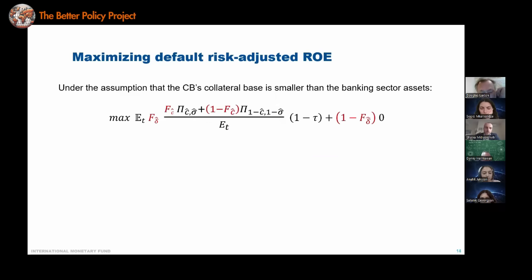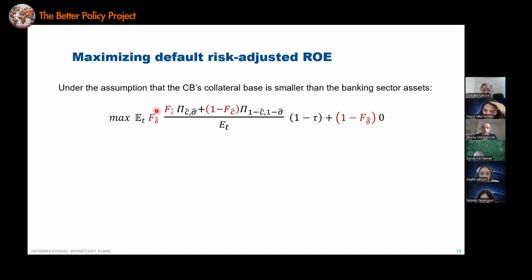So if we now look at the probability-weighted profit of banks, there are a couple of possibilities. If capital falls below this minimum, then banks get zero profit because of limited liability. They just default and don't get any profit.